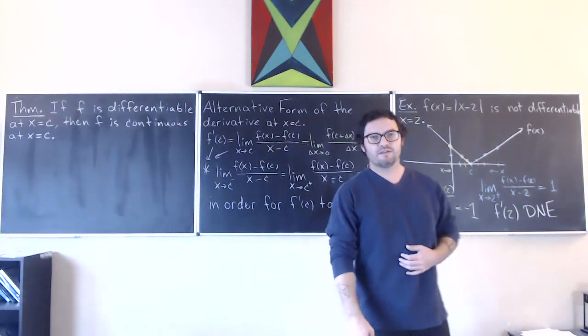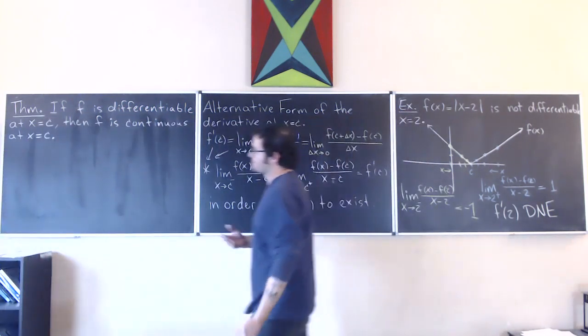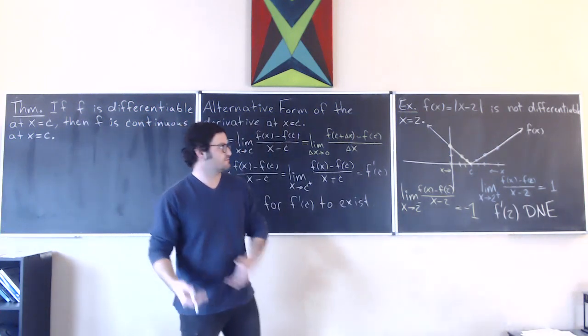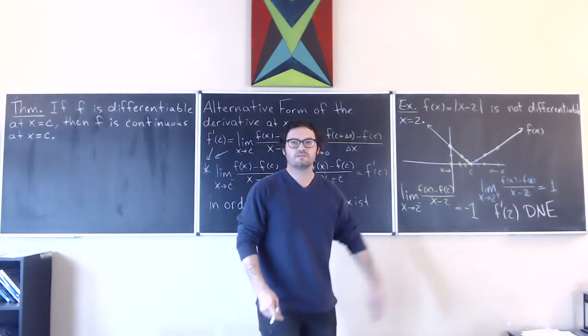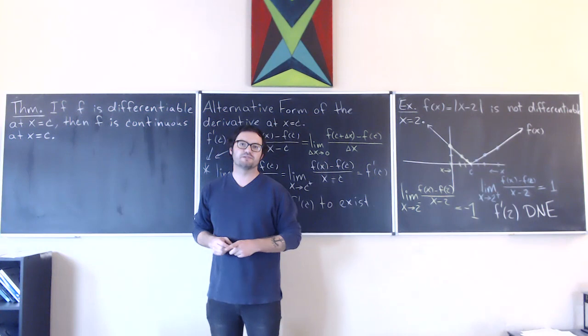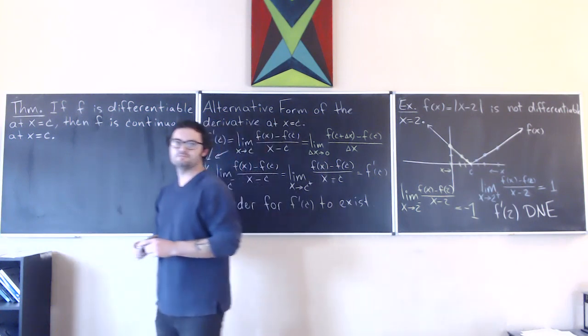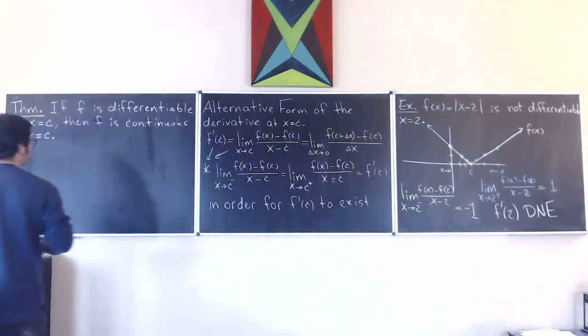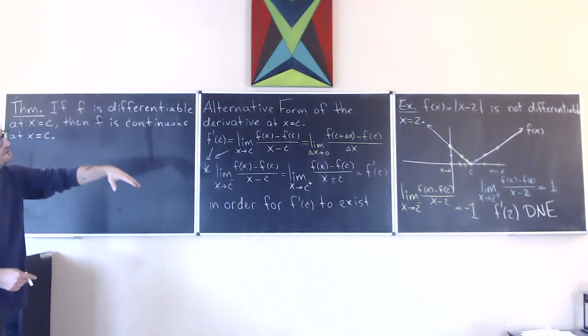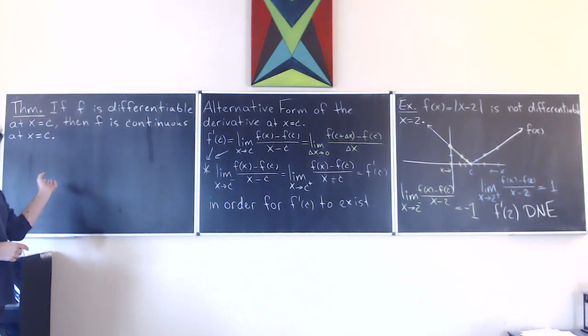Okay. So this is actually a nice property. Now, just because you're continuous, that doesn't mean that you're differentiable, case in point. But if you are differentiable at a point, then you are continuous at that point.